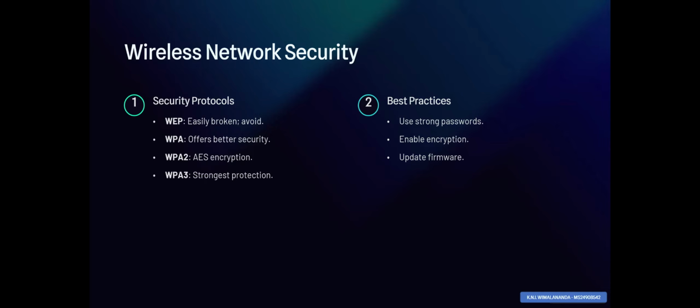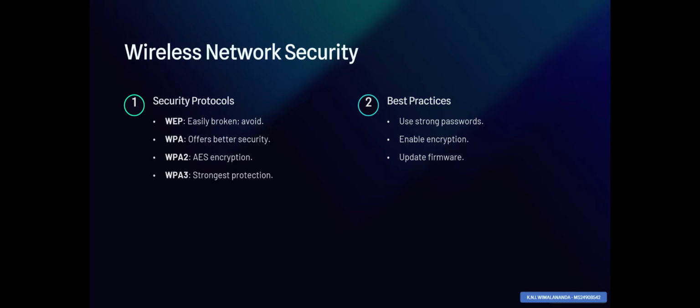WEP, the Wired Equivalent Privacy, was the first attempt at securing wireless networks, but proved weak and easily compromised. WPA, the Wi-Fi Protected Access, improved security with stronger encryption methods. WPA2 further enhanced protection by implementing the Advanced Encryption Standard, AES.